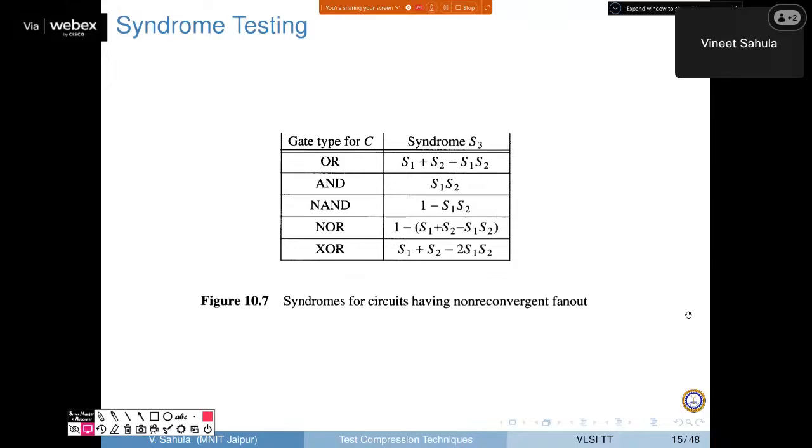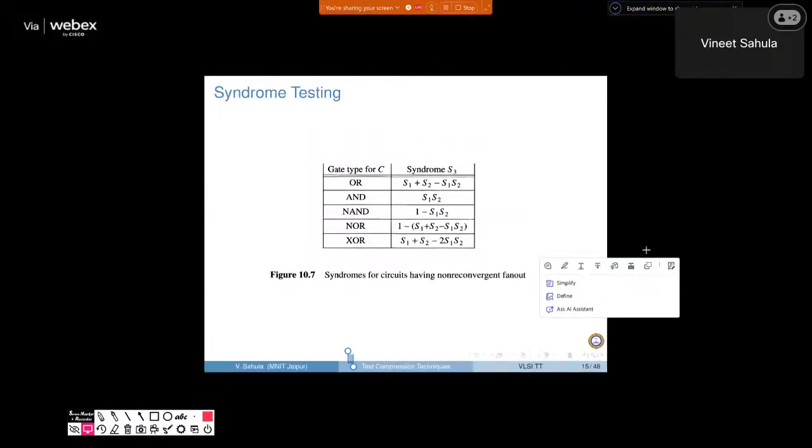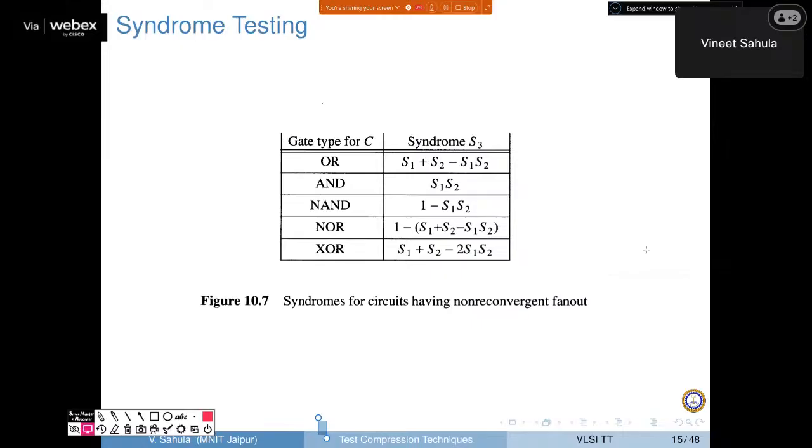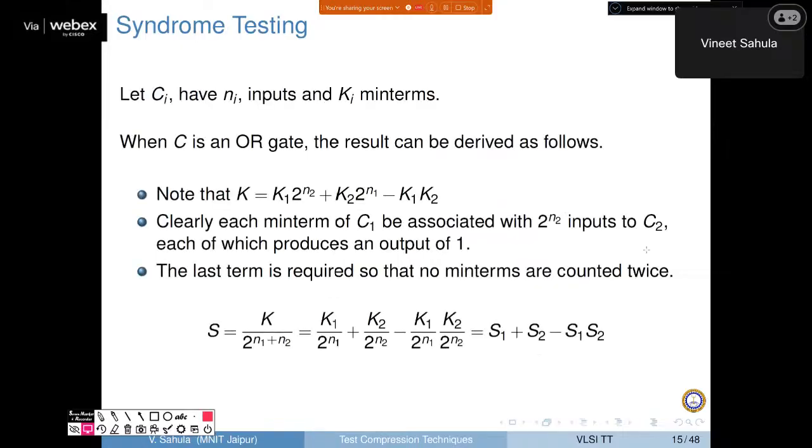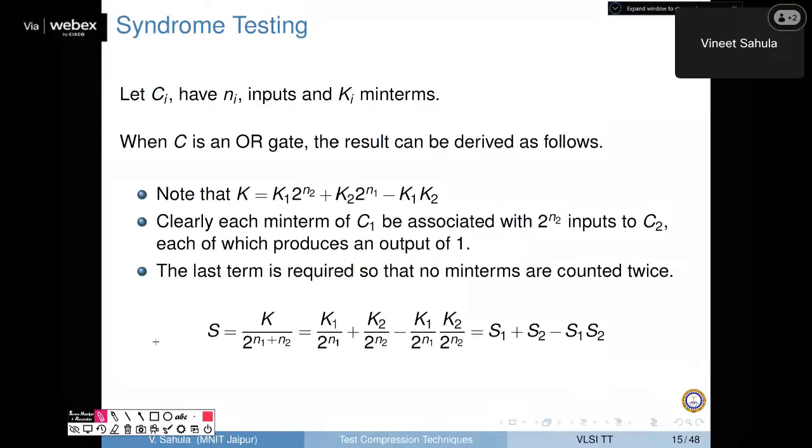So this could be the syndrome for OR gate, AND gate, taken the way we have done it just earlier. We'll come back to this a little later. So my syndrome would be this one. K3 would be K1 times 2 to the power n2 and so on.